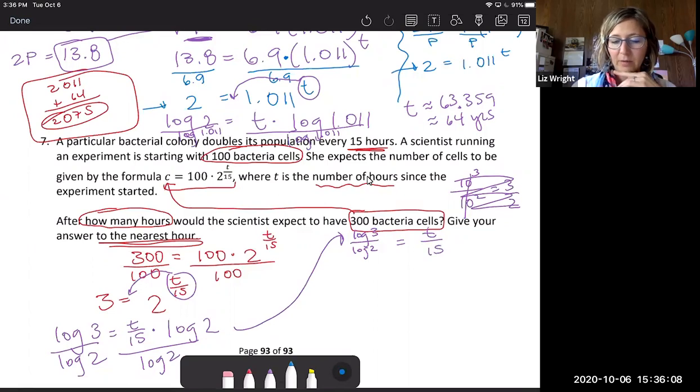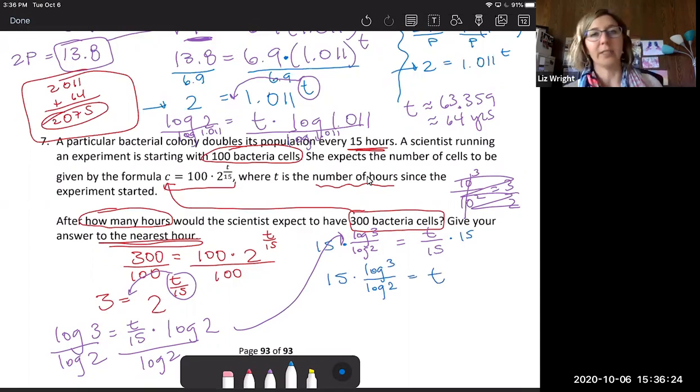Again, we're still trying to solve for t. So we're going to multiply both sides by 15. So then we've got 15 times the log of 3 divided by the log of 2 equals t. If I was just using a very simple basic calculator, I would do 3, hit the log button, then divide it by 2 and hit the log button, hit equals, and then multiply it by 15 to get my answer.